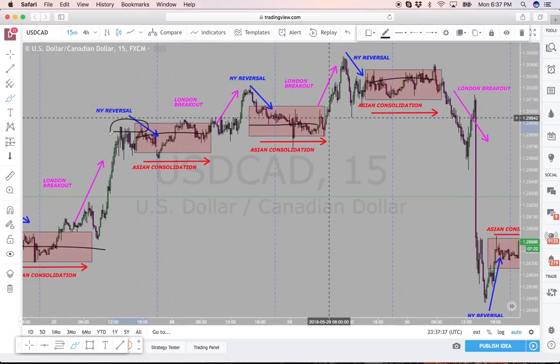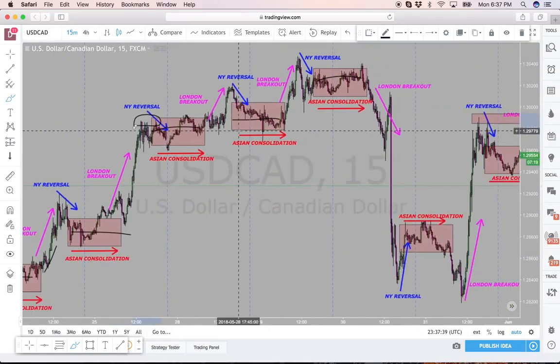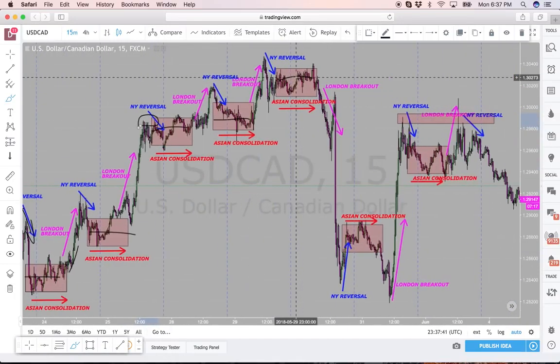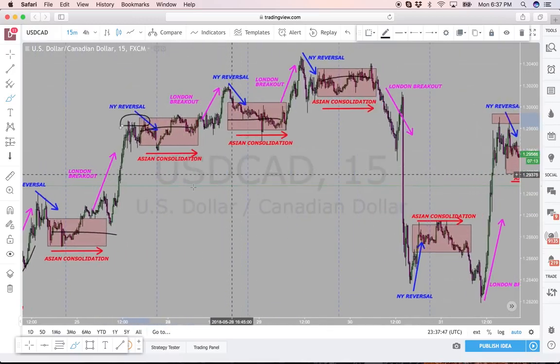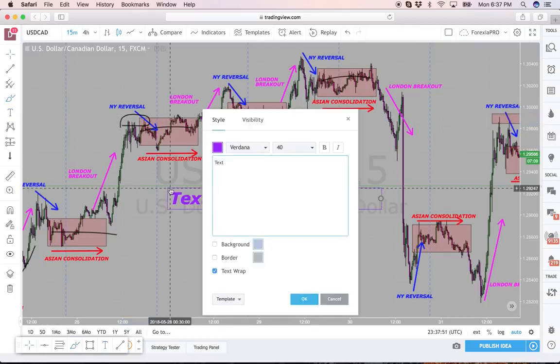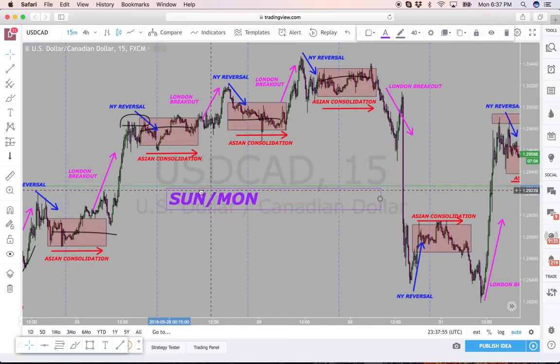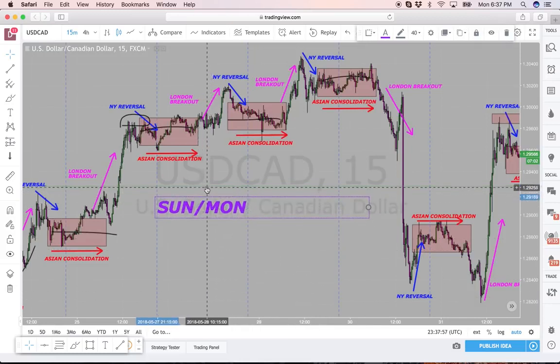So, we have the structure right here, the perfect structure of Sunday, Monday. This is how it all fits together, you guys.